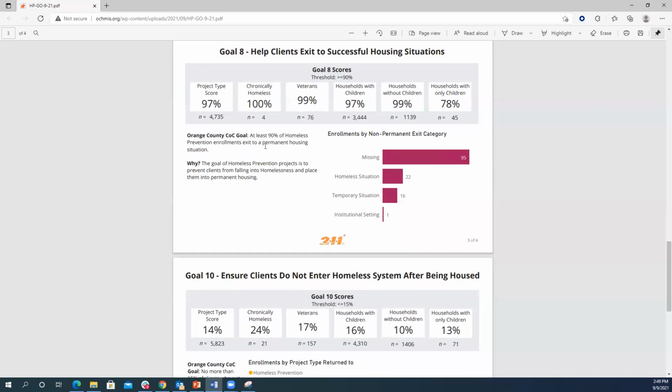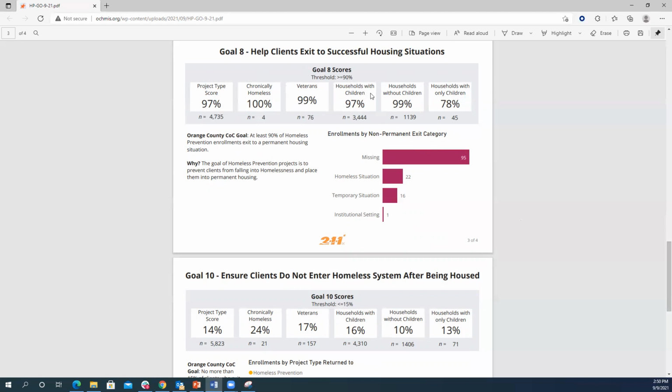Goal 8 is looking at successful exits to permanent housing situations. We're pretty strong across all subpopulations for this measure. Households with only children is lower, and again, I think these are likely clients that should be associated with adults.